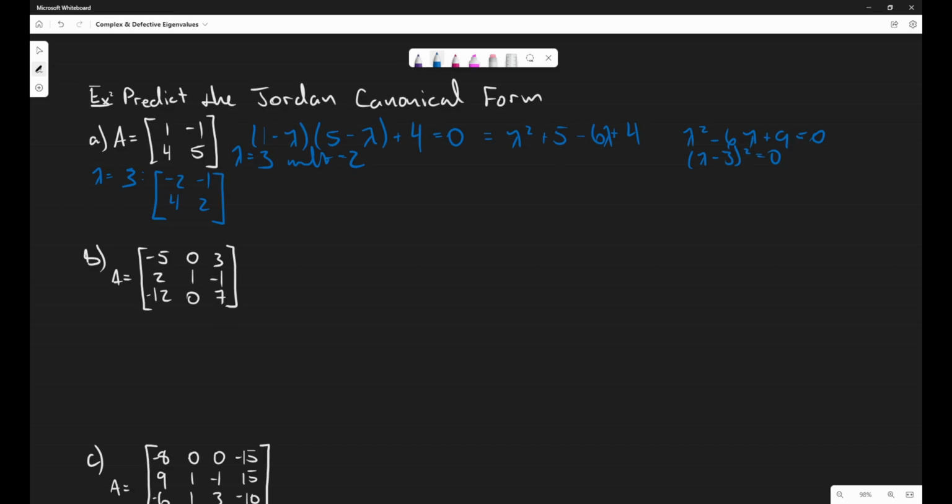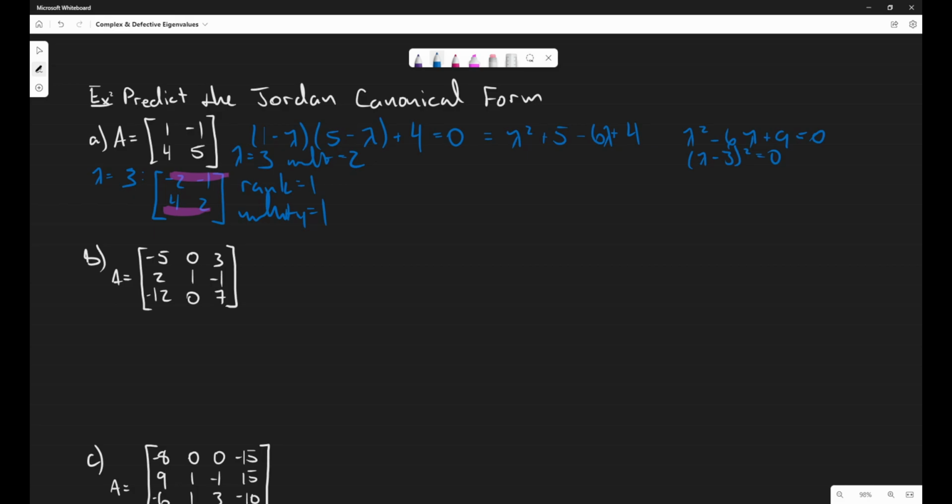Now you want to find the rank, and because you find the rank, you can find the nullity. For this one, we can see that row 1 is a multiple of row 2. So we know for a fact that the rank is going to be 1, and the nullity is going to equal 1. And what our nullity tells us is the number of blocks in the Jordan canonical form.